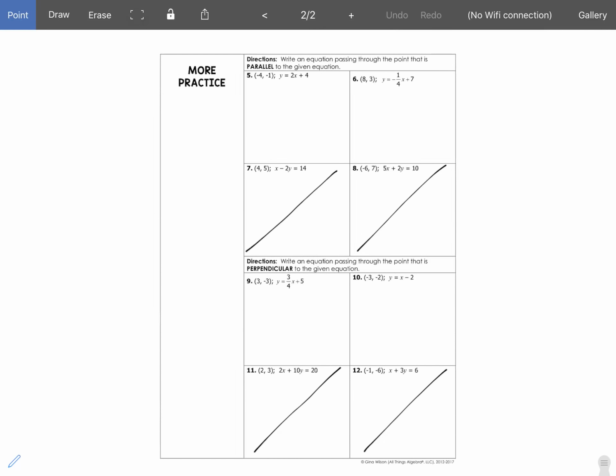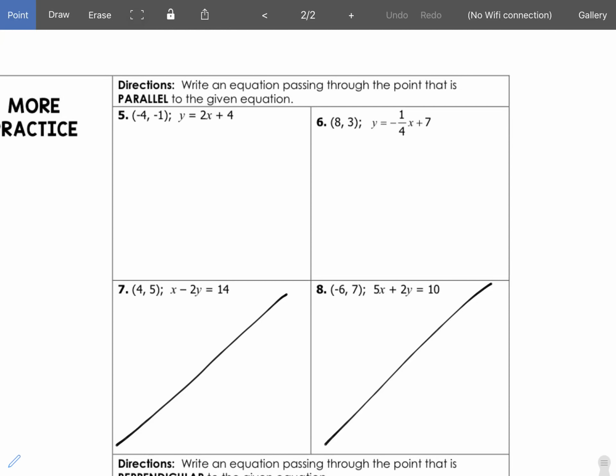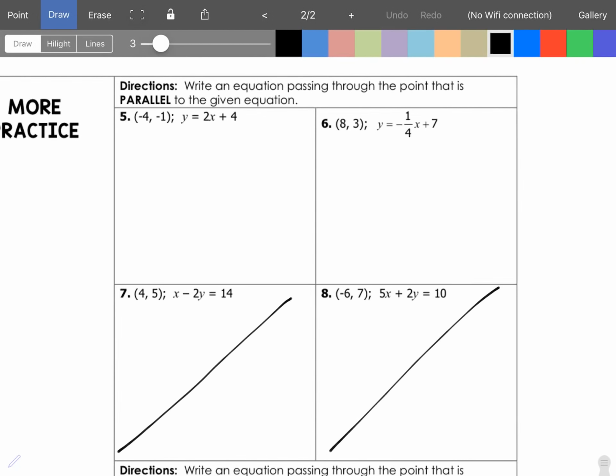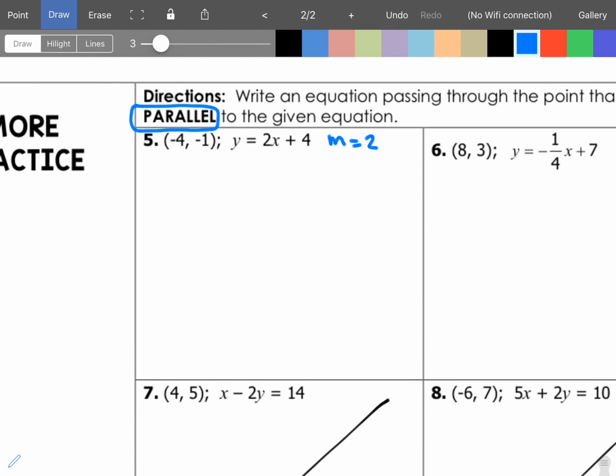All right, so you're going to try the same thing. I'm going to do 5, and you're going to do 6. So let's just do, it's the same exact thing. So now we have to write an equation that's parallel, same thing. So what's the parallel slope of y equals 2x plus 4? It's the same slope, so it's m equals 2.